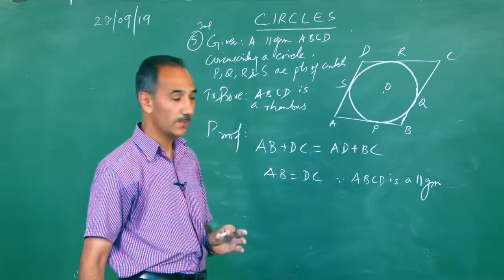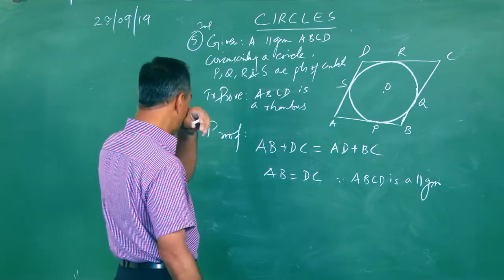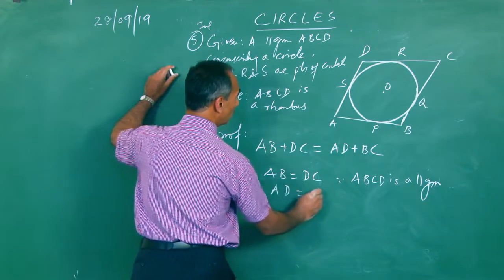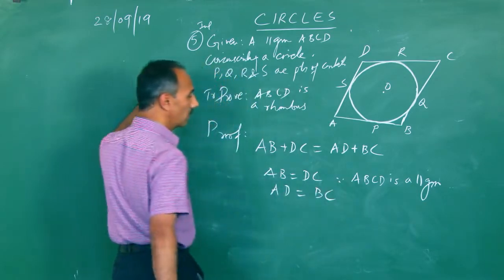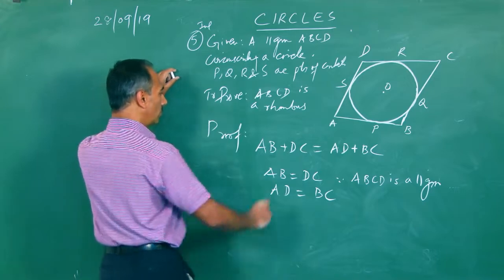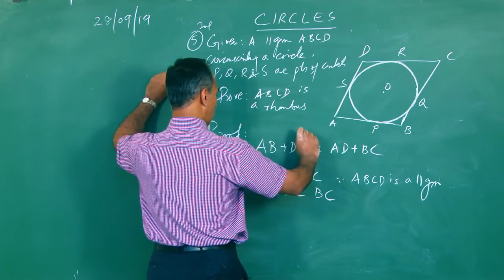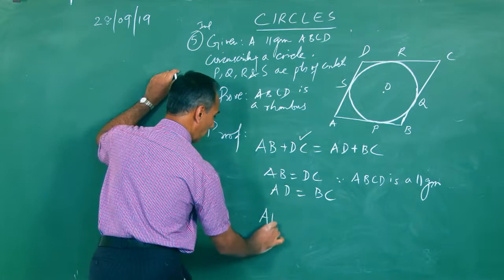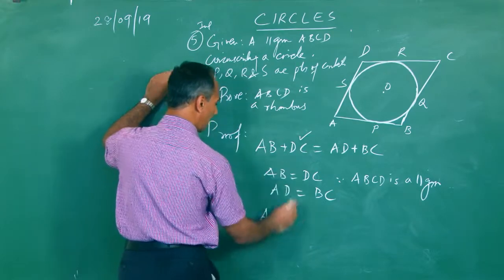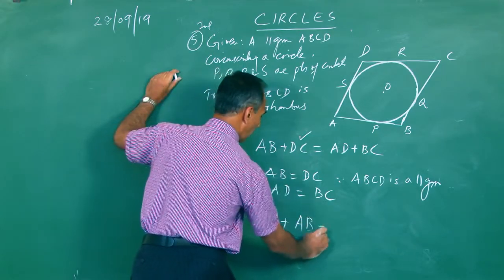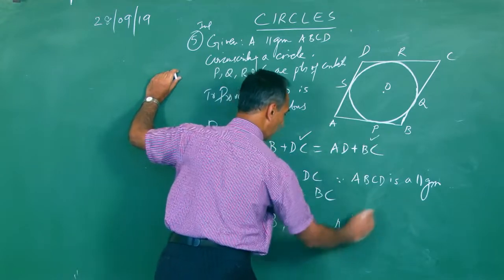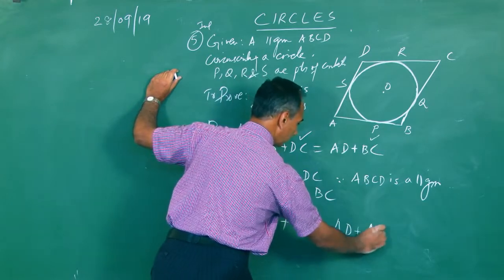So AB is equal to DC as well as AD is equal to BC, because ABCD is a parallelogram. So replace this DC by AB. Retain AB. So here AB plus, for DC I will write AB, and AD I will retain as AD, and for BC I will replace by AD.